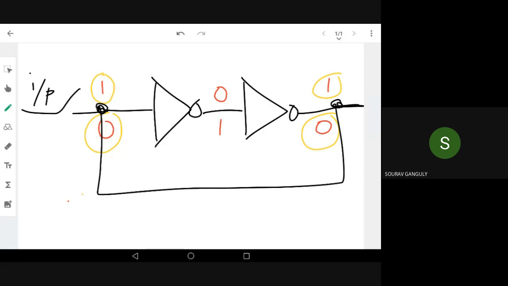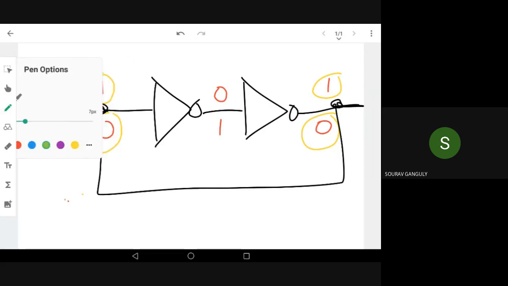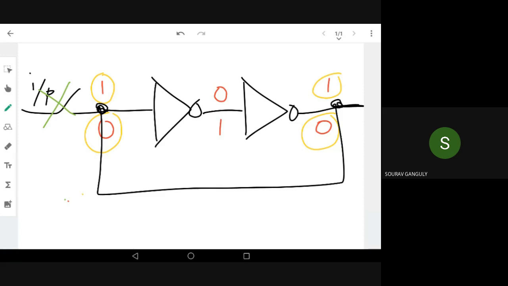Even if the input is taken off, the feedback is always feeding the input of the first gate. So I don't need any input. Even if I take away the input, my 0 is always stored.